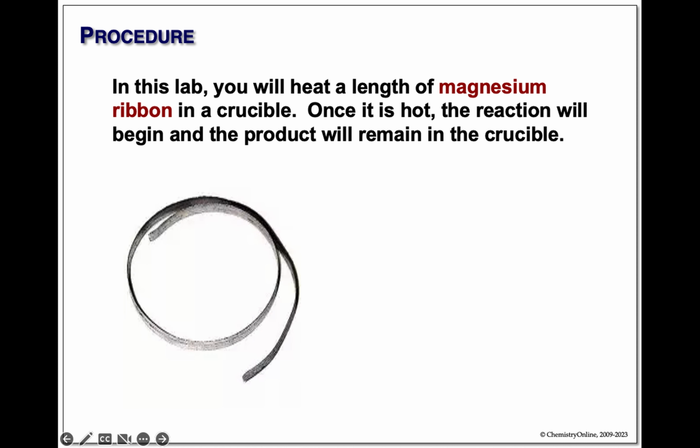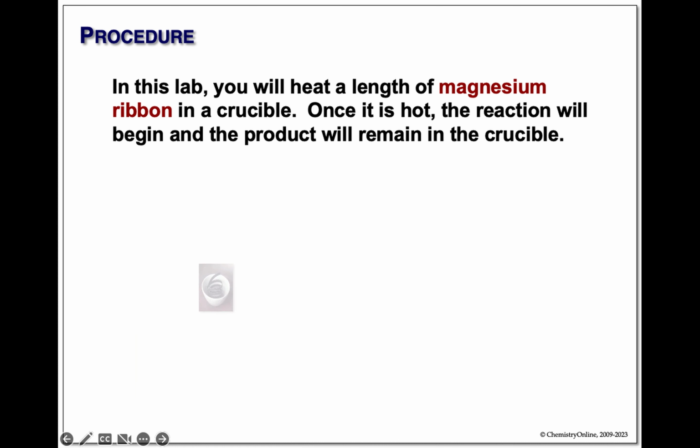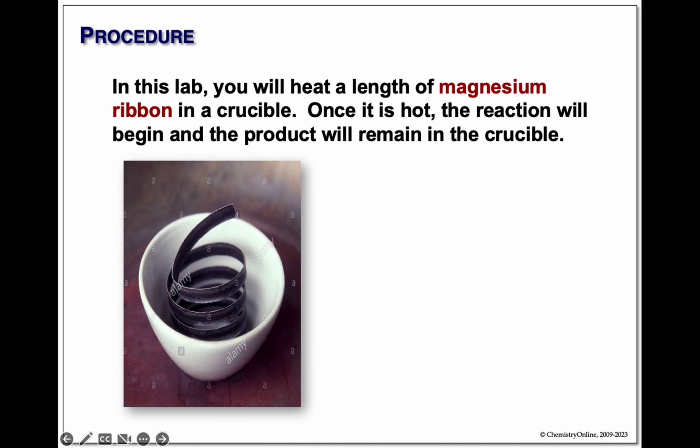What you'll do is take this, it's about a foot long or so, and you'll wrap it gently around a pencil or a pen so that it fits inside of the little crucible. Now you want to make sure of a couple things. Make sure that the metal itself is touching the bottom and or the sides, and that it's not compacted so much that air can't get to it.